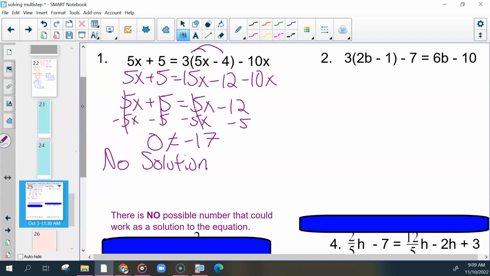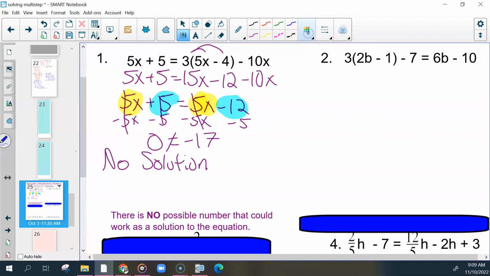If you see that these coefficients are the same, but these are different, you will always end up with a no solution. So at that point in the equation, if you recognize this is going to be no solution, you don't have to continue to do the work. But if you forget, then still do the work.